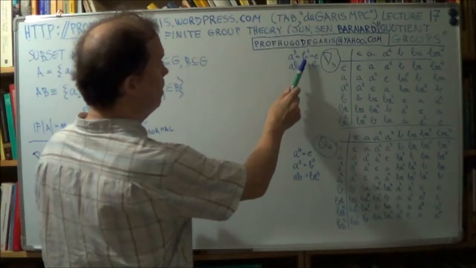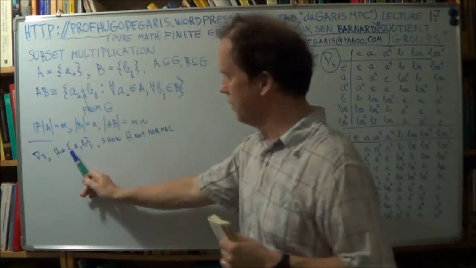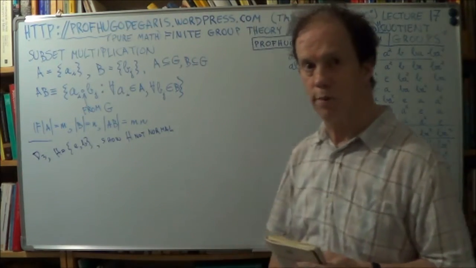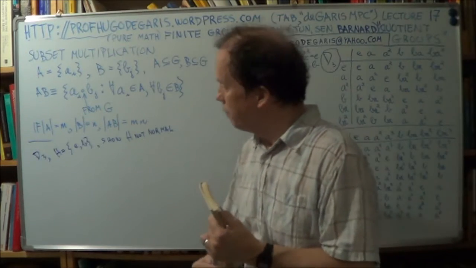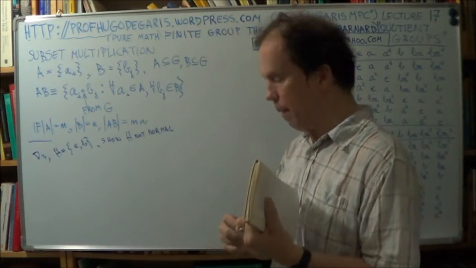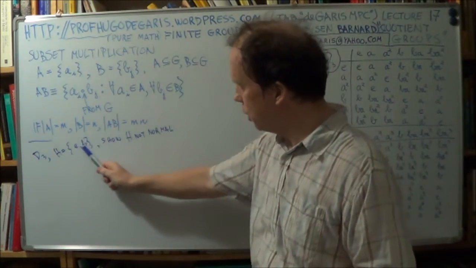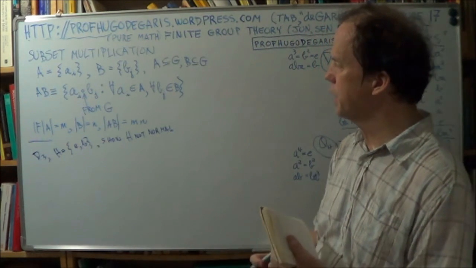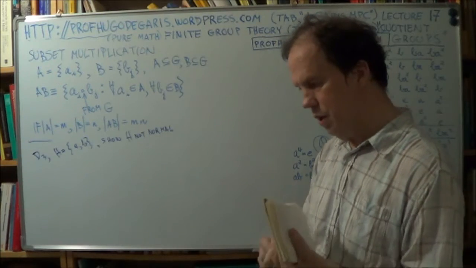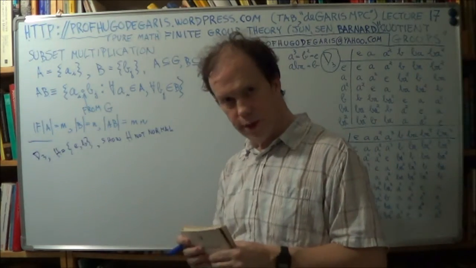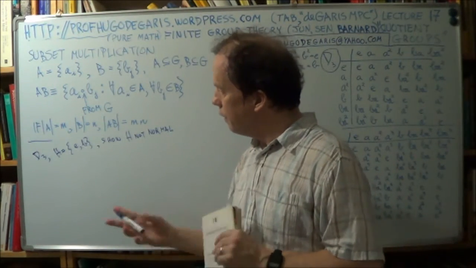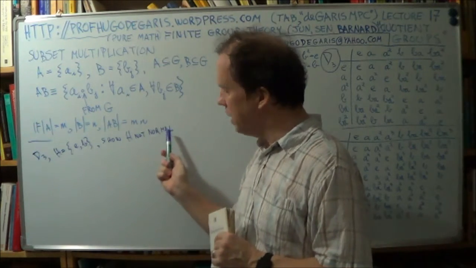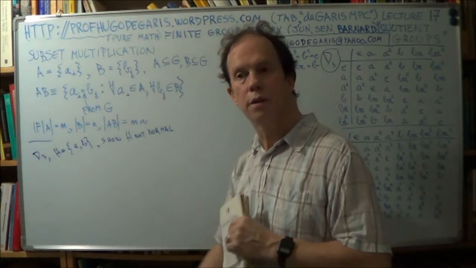So B squared is E. So this is a group, a very small one, order 2. So we now need to show that H is not normal, right? So all we have to do is find one counterexample where normality is not valid.